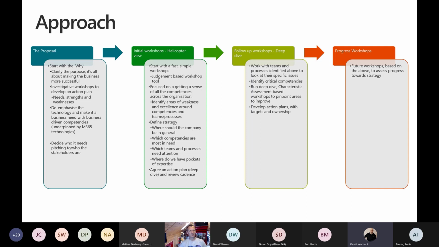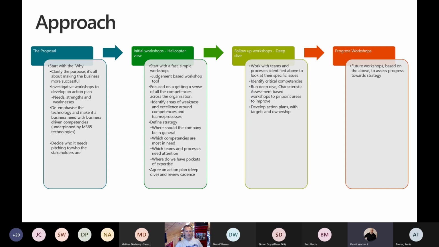So let's do some high-level stuff to identify what parts of the organisation have got what sort of needs and what the overall company strategy should be, and what would a high-level action plan look like. And part of that is to say, where should we do deep dives in the organisation with particular competences? And that sets us up to do the next set of workshops. So far, so good.